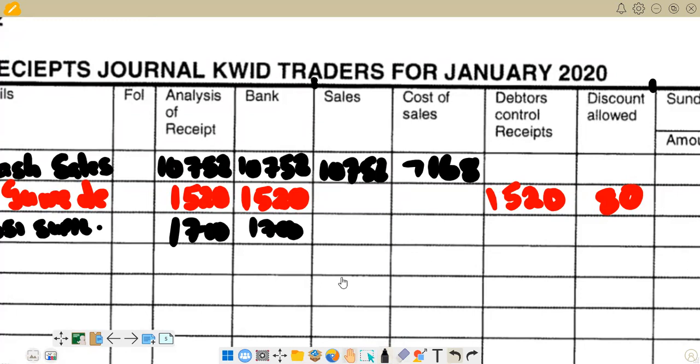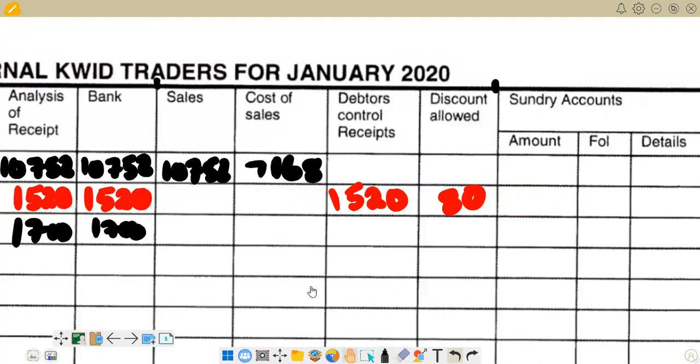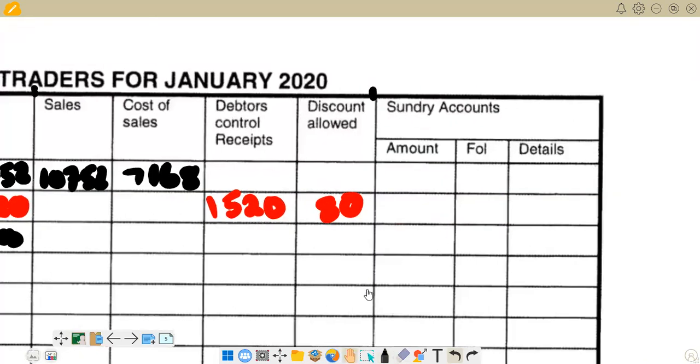So here, the amount is 1,700. And the details, remember, this is the creditors control. So let's say creditors control. So the amount remains 1,700.